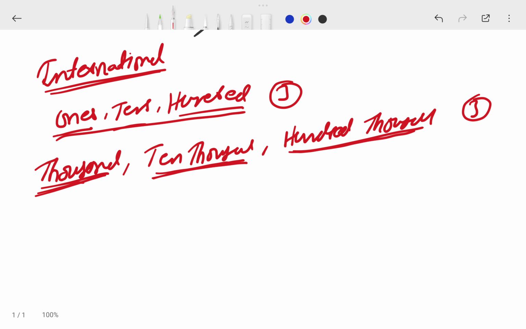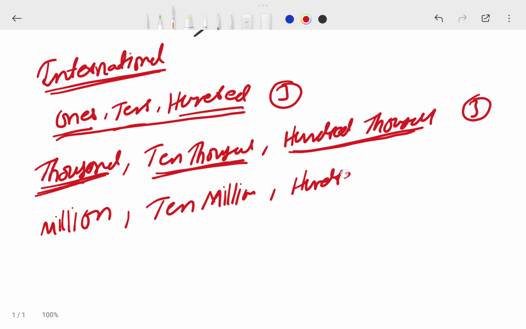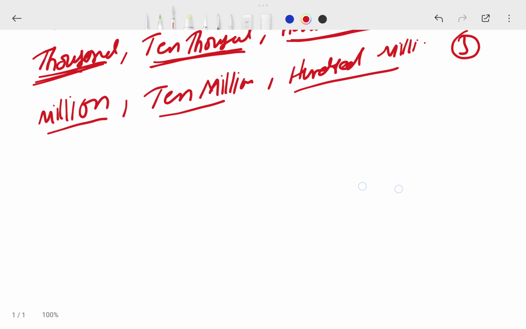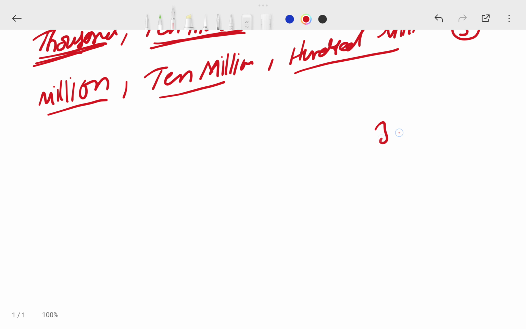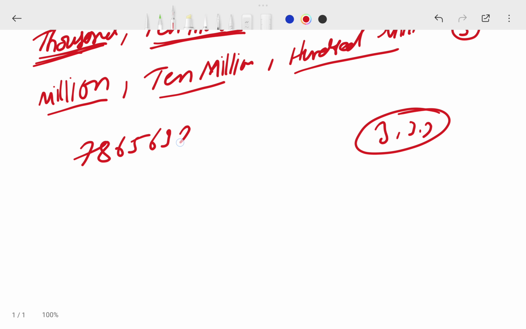Then after that they do not count lakhs, they count millions. Then 10 million, then 100 million. This is also 3. That's why in the international number system we put a comma after every three digits only, like 8 7 6 5 4 3 2.